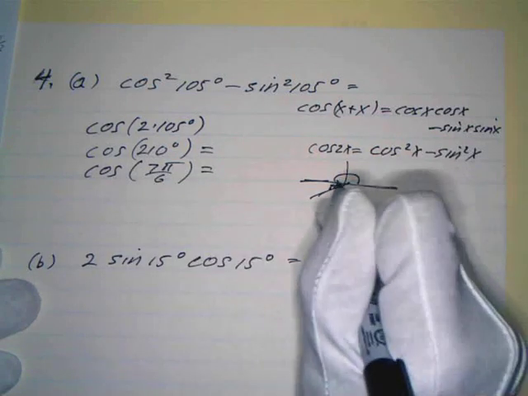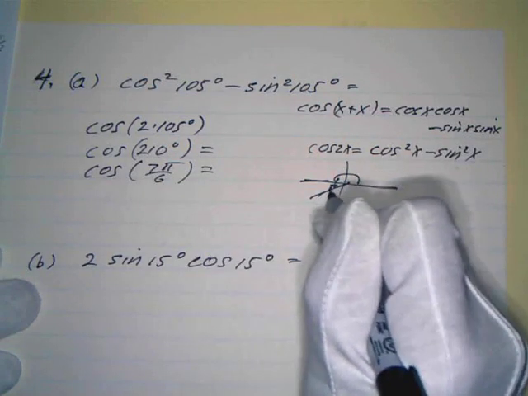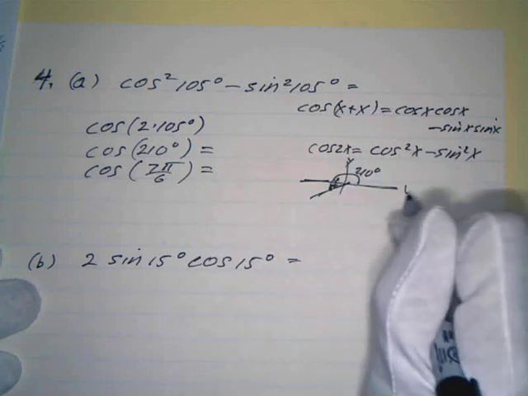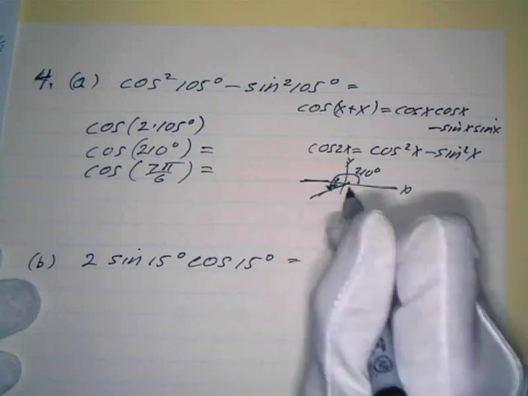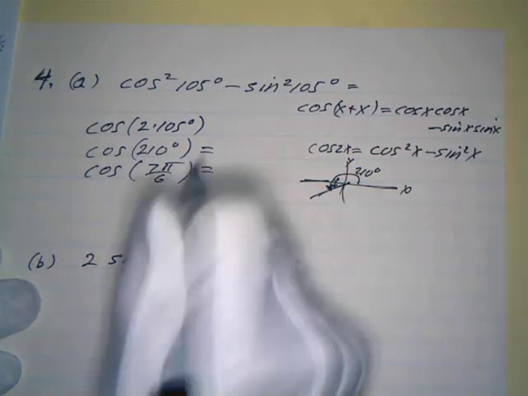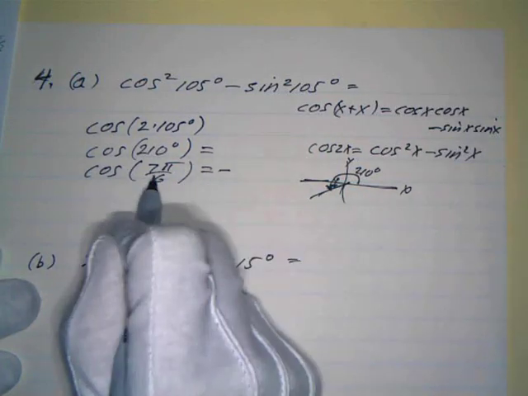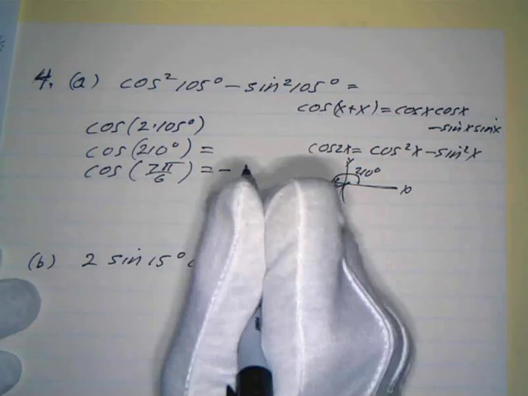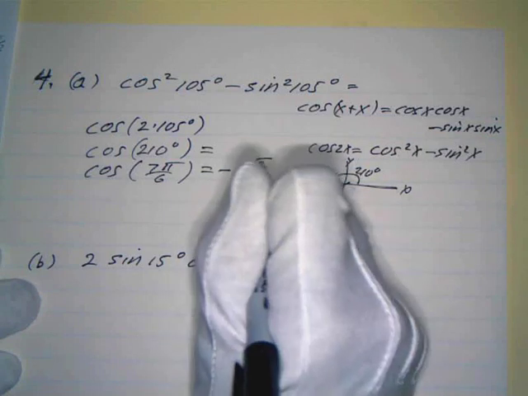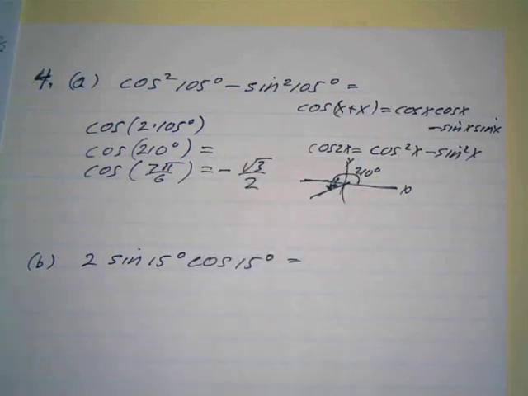So it's down over here, that's our reference angle. 180 plus 30 is 210, so that's our 210 degrees. And look what quadrant we're in. We're in the 3rd quadrant, so the cosine is going to be negative. And what's the cosine of pi over 6? Square root of 3 over 2. So that's your exact value.